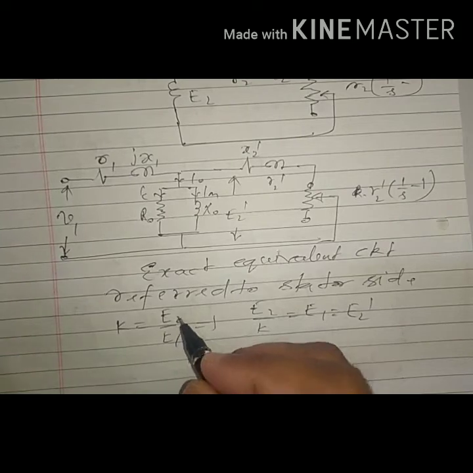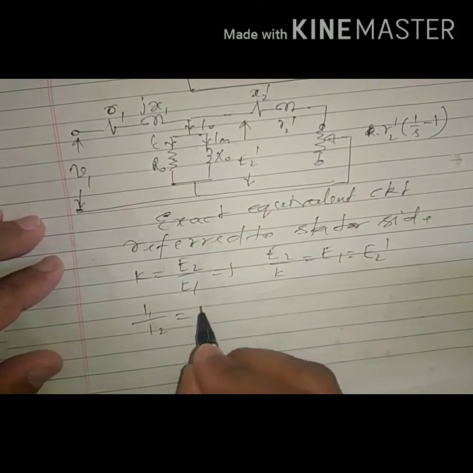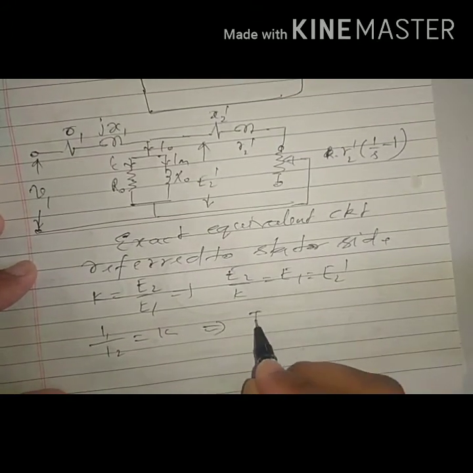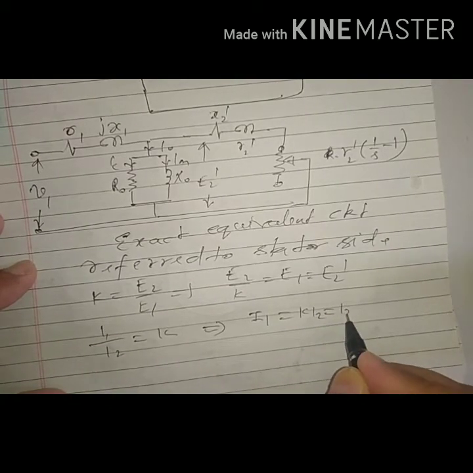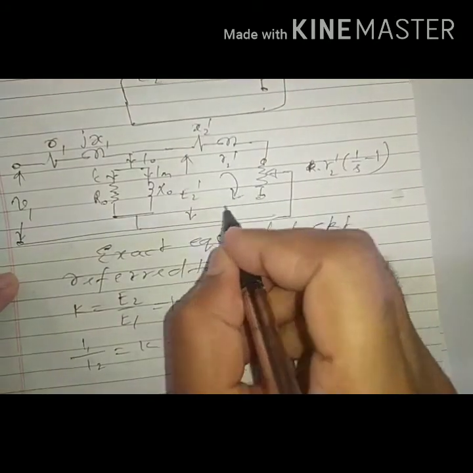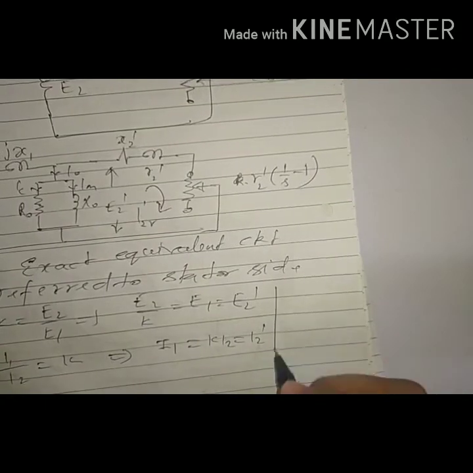Similarly, all values can be written. Transformation ratio I1 by I2 will be K. So we have I1 equal to K I2, that is I2 dash. So it will be I2R only. Here we have the I2R current.